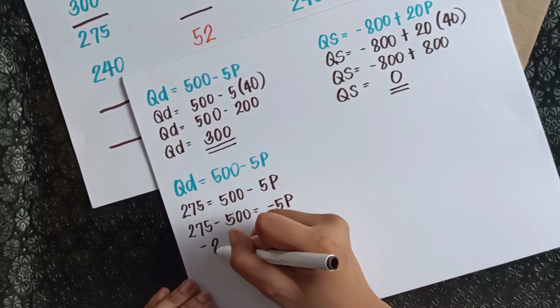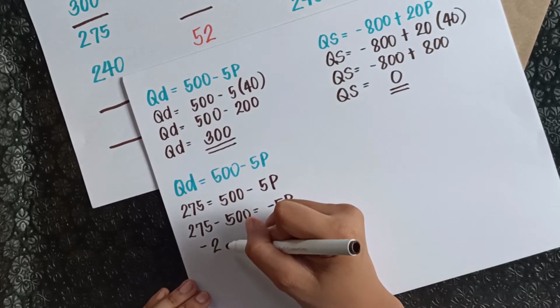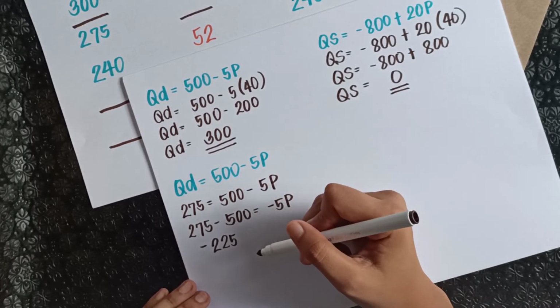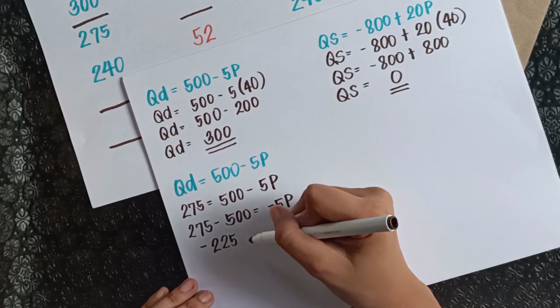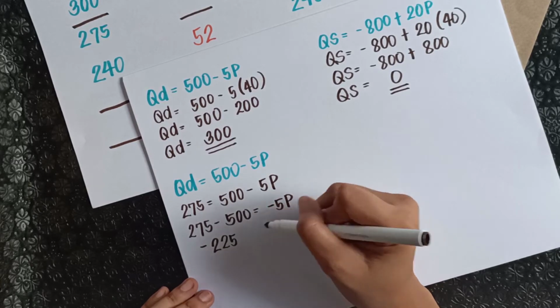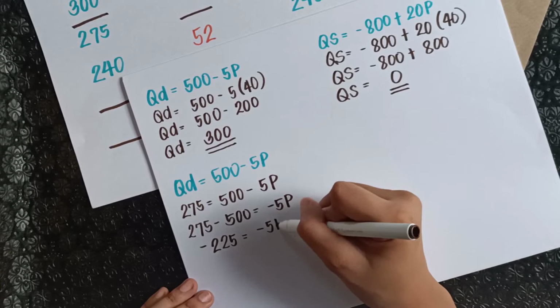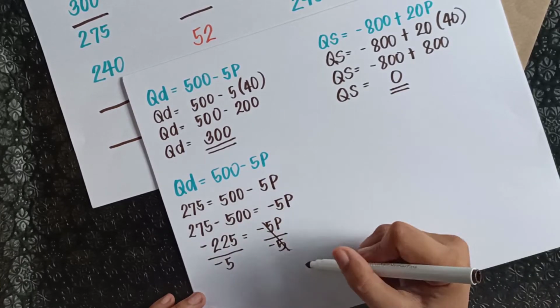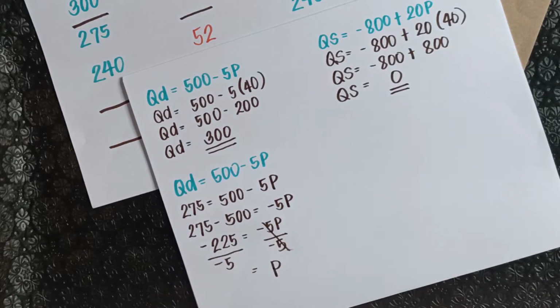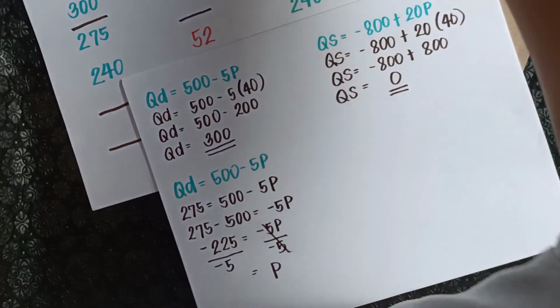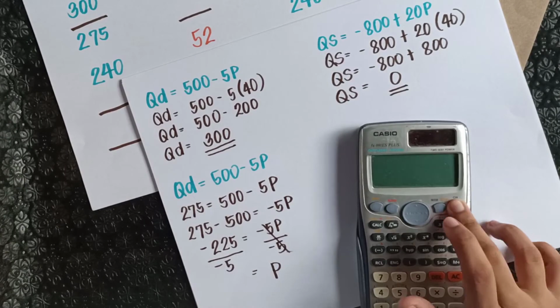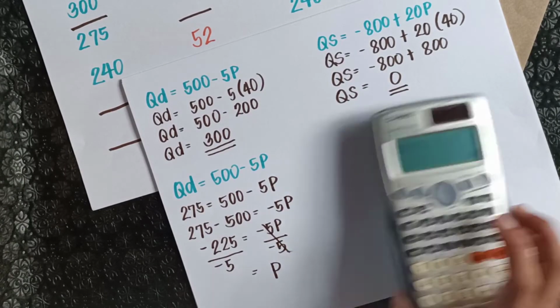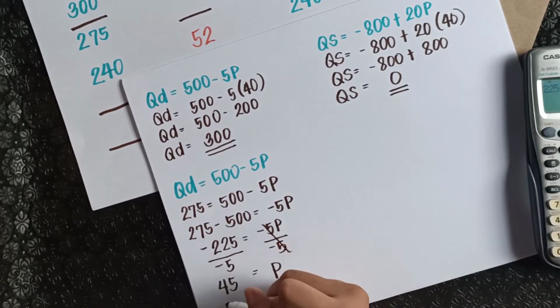Transpose it. 275 minus 500 is equal to negative 5P, so negative 225 is equal to negative 5P divided by negative 5. Okay, cancel. We have P is equal to, calculator, we have 45.